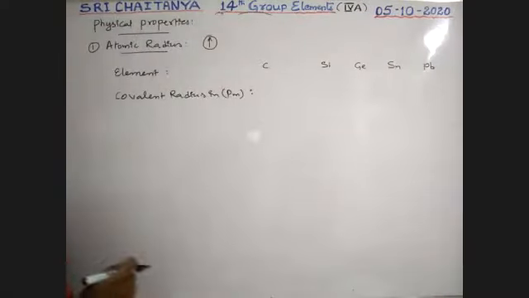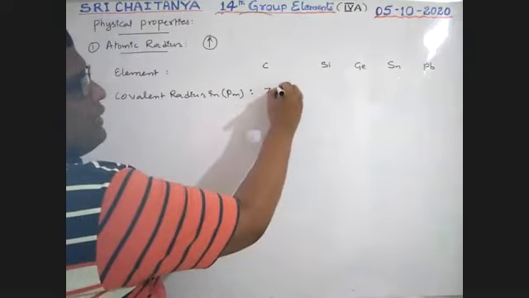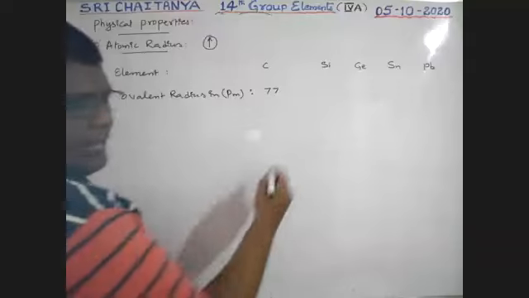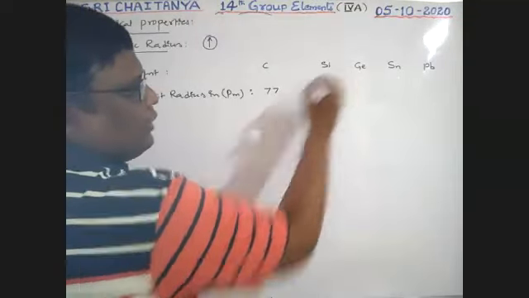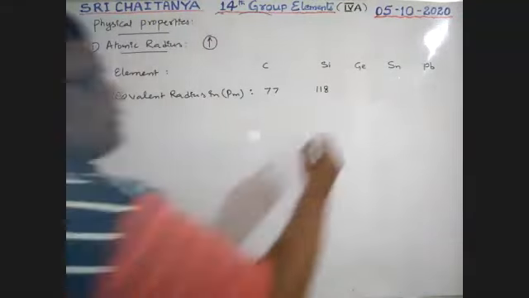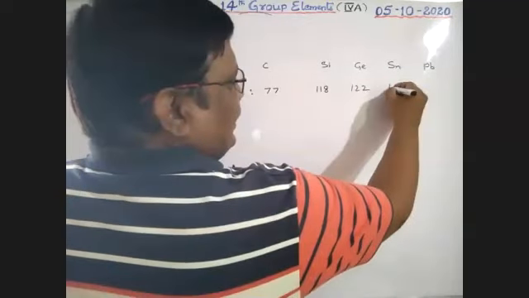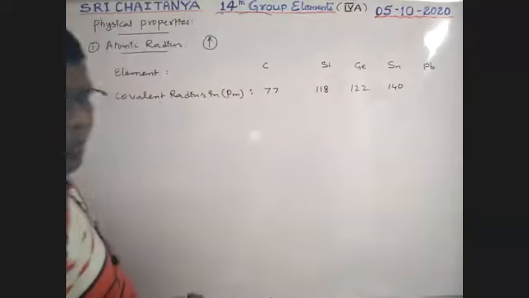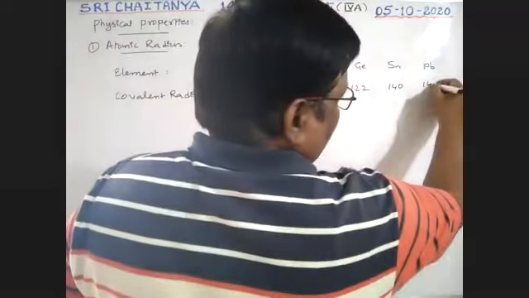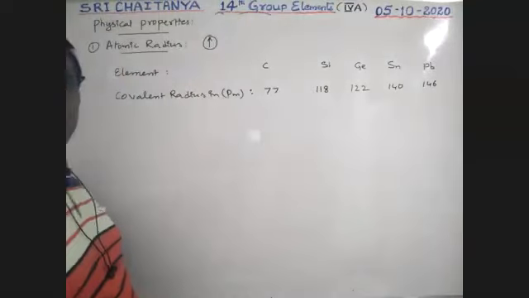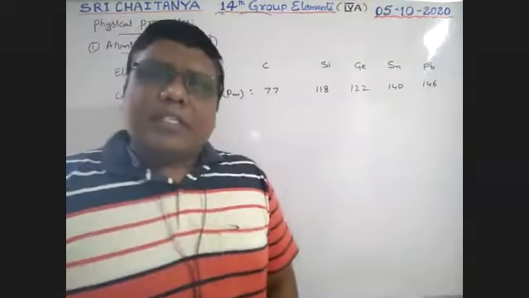Now the covalent radius: that is 77 picometers, next 118 picometers, next 122 picometers, 140 picometers, and 146 picometers. All these are covalent radius in picometers, boys.